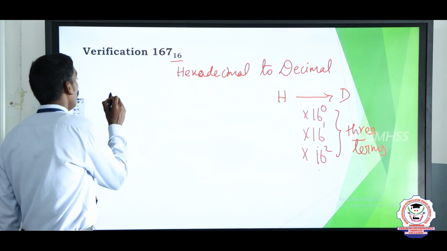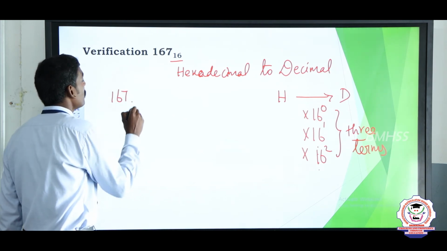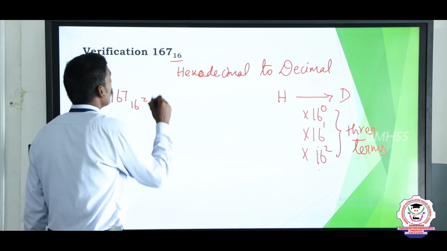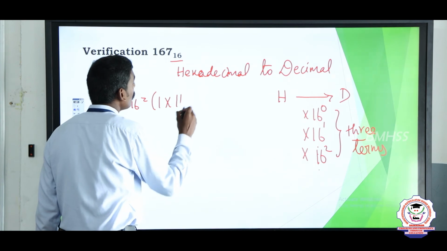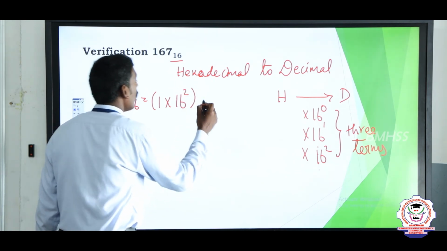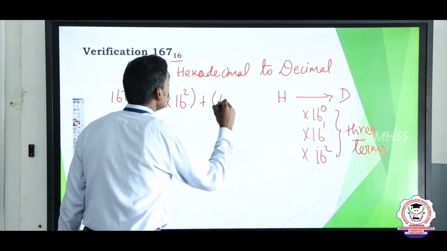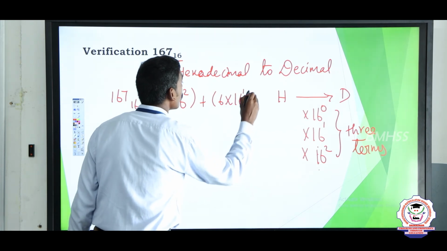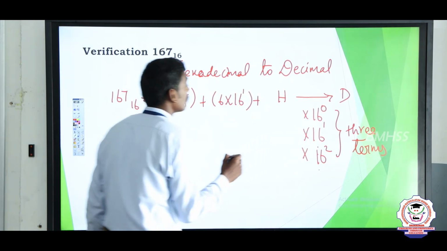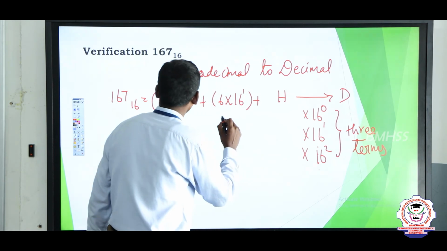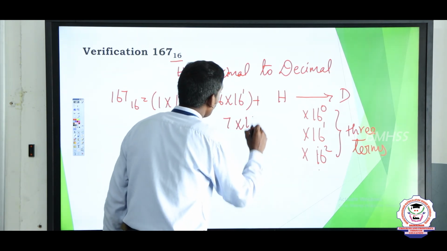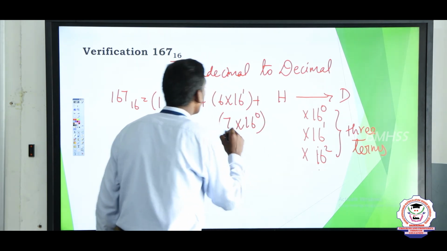So, for example, 167 base 16 equal to 1 into 16 to the power of 2 plus 6 into 16 to the power of 1 plus 7 into 16 to the power of 0.